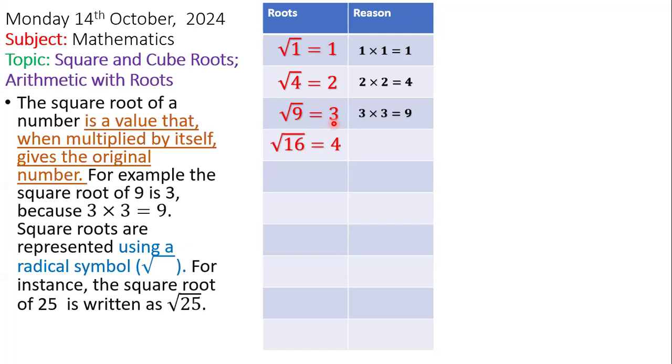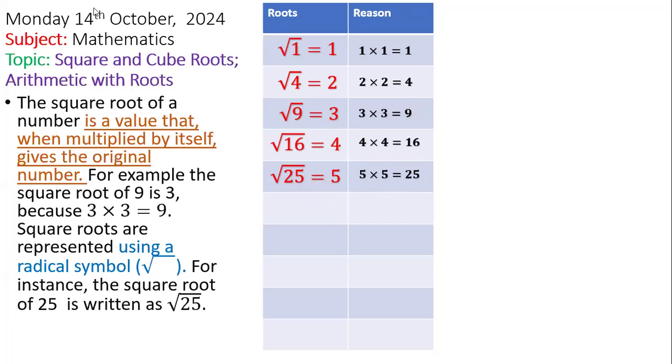Very good. Why? Because 4 times 4 is 16. Next, what is the square root of 25? 5. Why? Because 5 times 5 is 25.